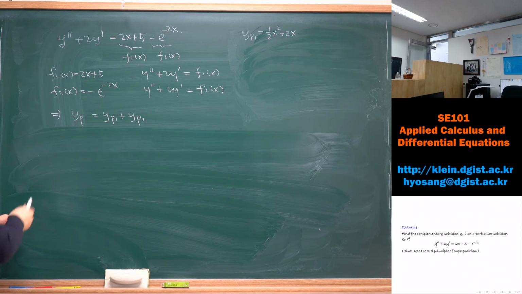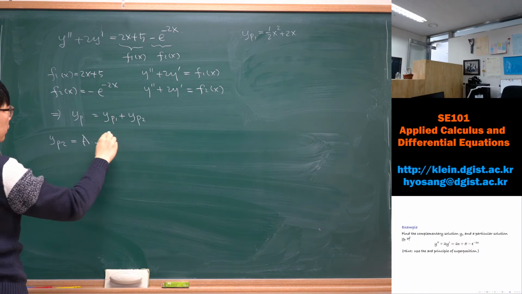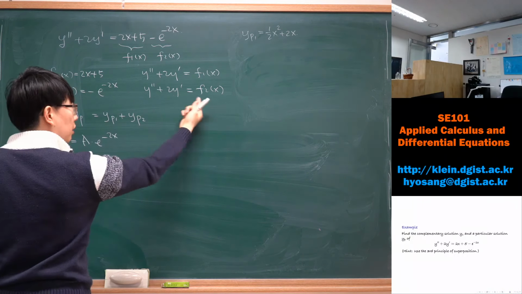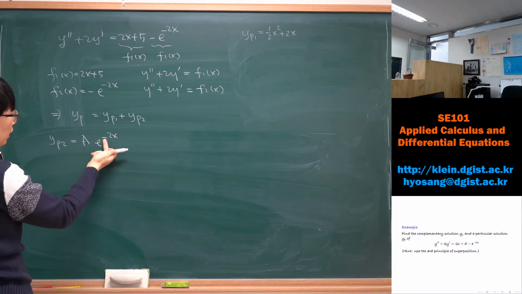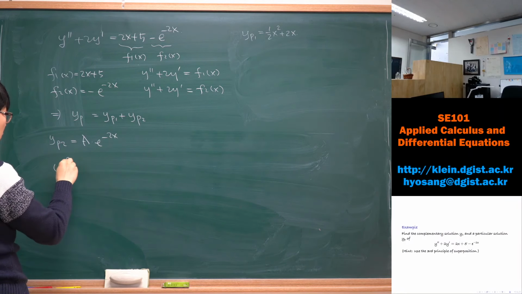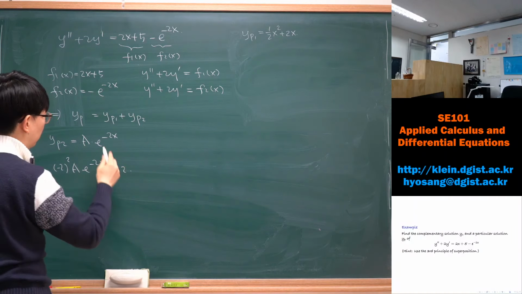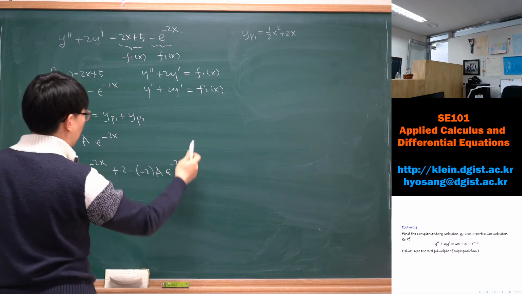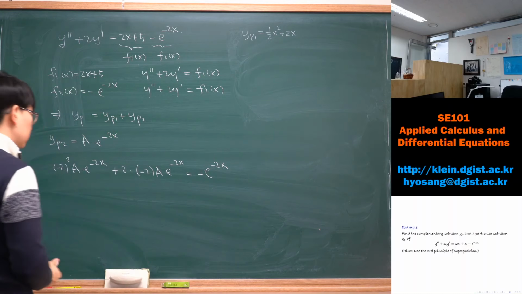And let's try to find yp2. yp2 has a form similar to e to the negative 2x, so we start from a times e to the negative 2x and try to plug in here. The second order derivative has negative 2 squared times a e to the negative 2x, plus 2 times negative 2a e to the negative 2x, and that must equal minus e to the negative 2x.